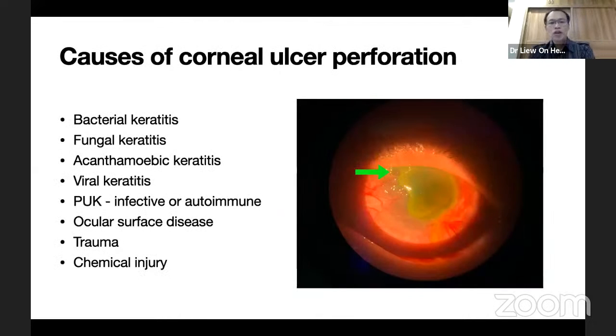The causes of corneal ulcer perforation can be many, mainly infective causes such as bacterial keratitis, fungal keratitis, acanthamoeba or viral keratitis, and PUK, or autoimmune related disease, ocular surface disease, trauma, chemical injury, or Stevens-Johnson syndrome.